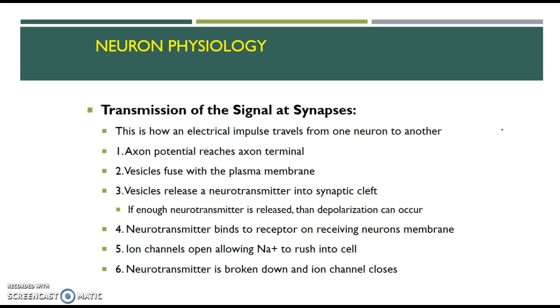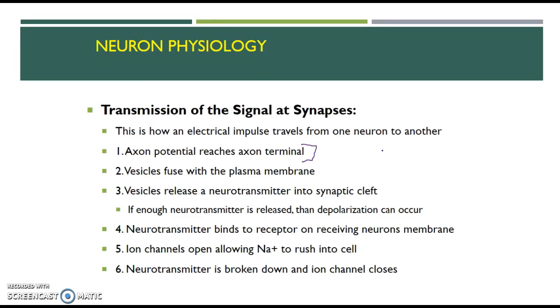The last thing we're going to talk about is how we get that nerve impulse from one neuron to another. And this is actually, I think, pretty interesting. If you took Anatomy 1, we already talked about this when we looked at muscle contraction and how a neuron passes a nerve impulse and activates muscle contraction. So the action potential and that depolarization is going to reach the axon terminal, which is our end.